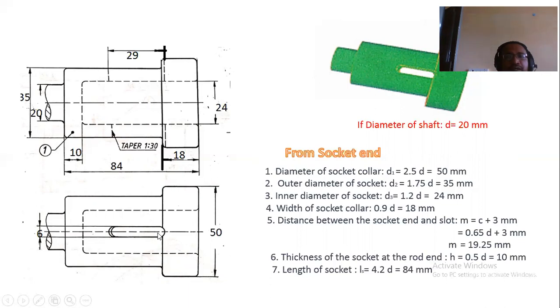From here we have provided a slot, which will be clearly explained when I take up and draw the orthographic view. Thickness of the socket at the rod end is 10 mm, represented by the letter H. And the length of the socket, including the collar, is 84 millimeter. It is 4.2 D.